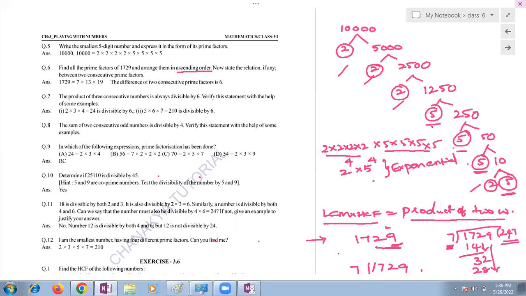You should be a little fast. If you know divisibility rules very well, the divisibility rule of 7 you can also apply without doing this.